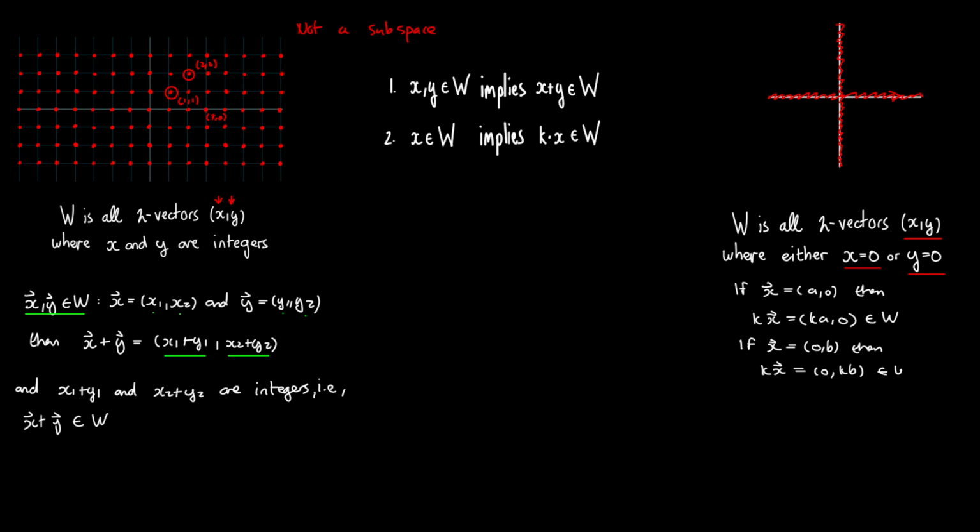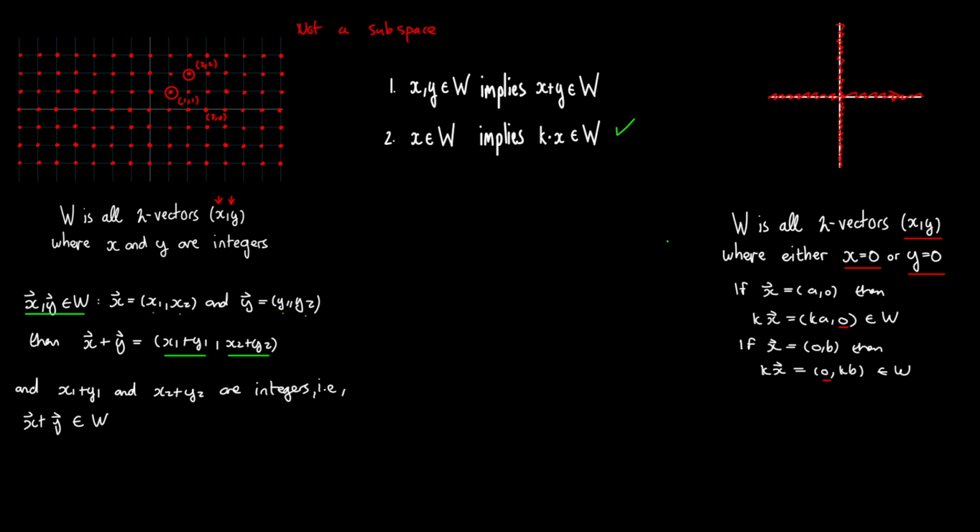And this is, of course, in W. Why? Just because one of the components is 0. So in other words, if x was in W, then kx was in W. So what we've just argued, a little bit informally, is that property 2 holds.